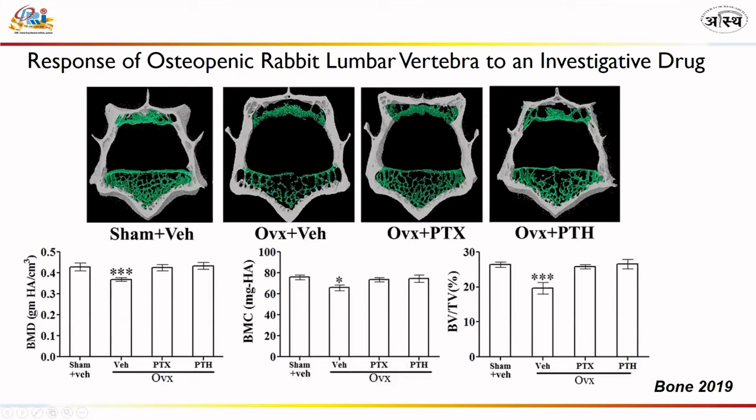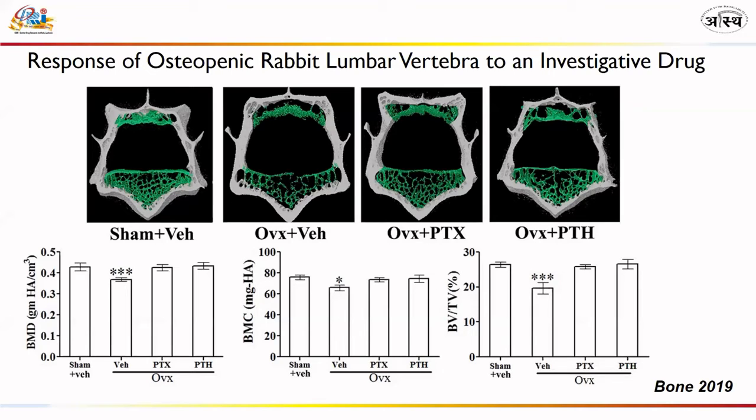Now, those were about the fracture, critical size defect, and all those issues related to bone regeneration in response to treatment. Now, I will give an example of the postmenopausal osteoporosis model, in which the animals undergo bilateral ovariectomy, and then we study the long bones and vertebra, meaning femur, tibia, and vertebra.